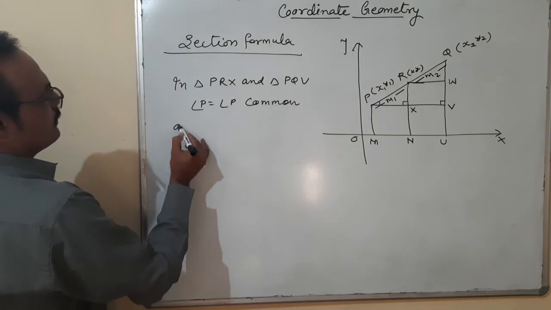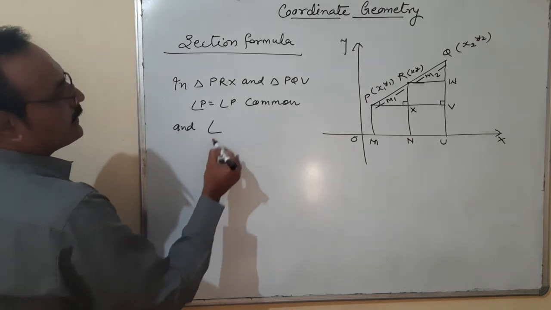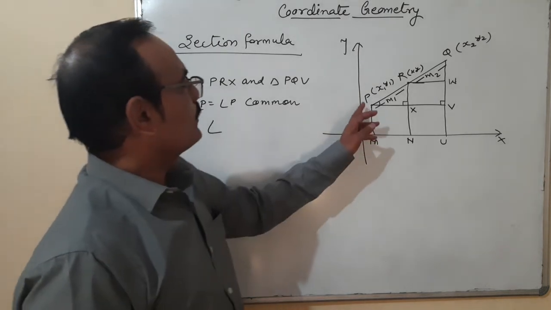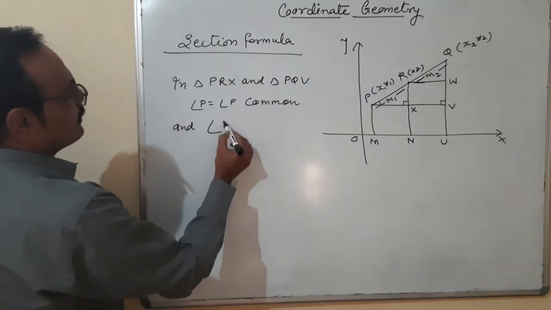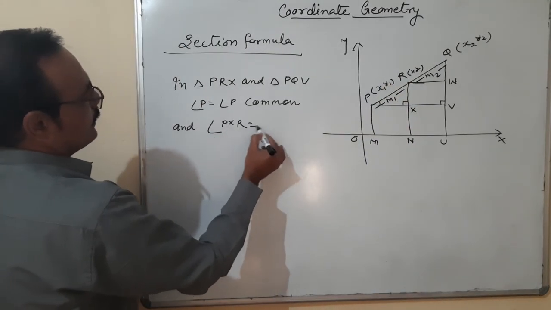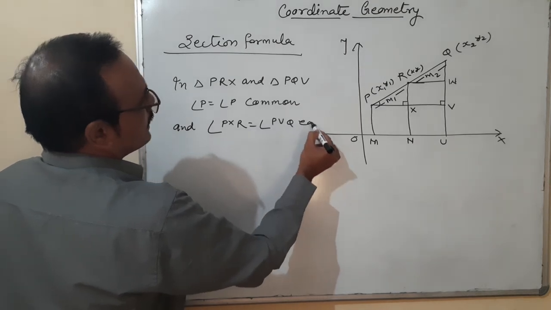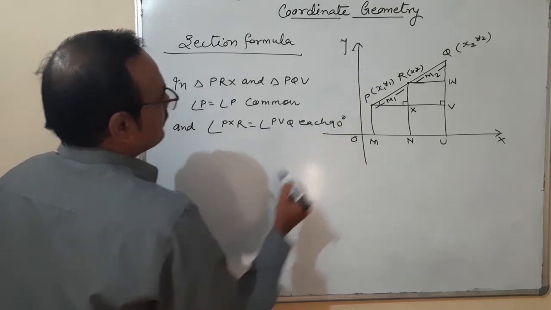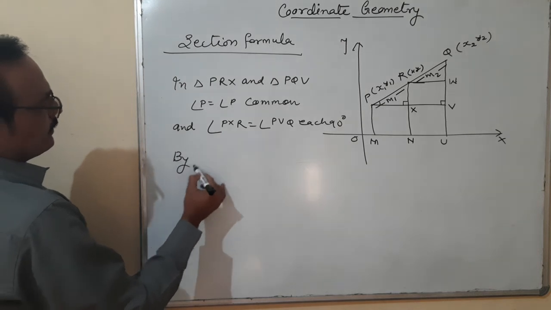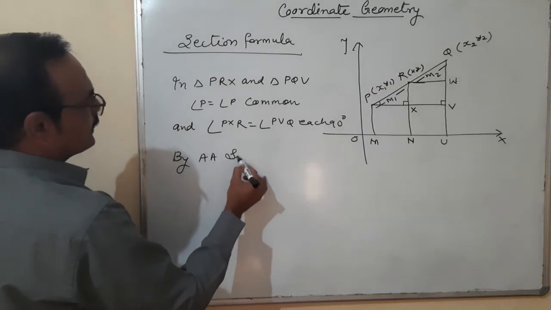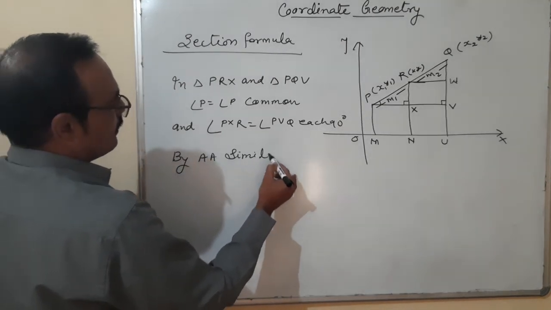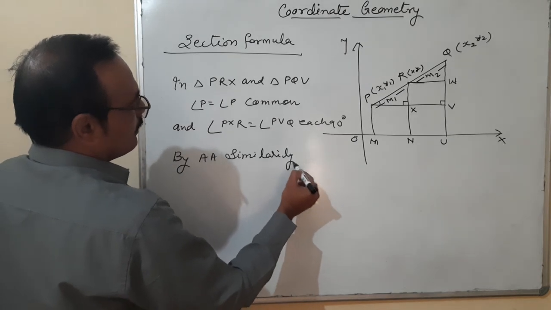and angle PXR is equal to angle PVQ, each 90, by the angle-angle similarity rule.